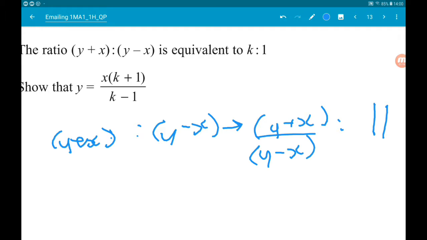So that fraction is now in the same place as the k. That means k is equal to that fraction. So k is, sorry, what am I about? y add x over y minus x.